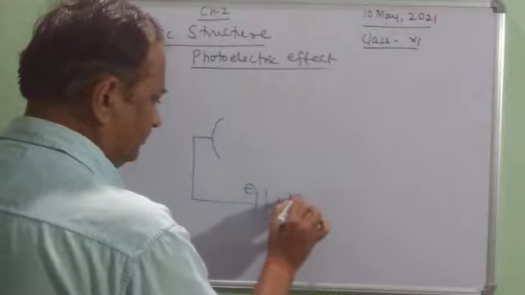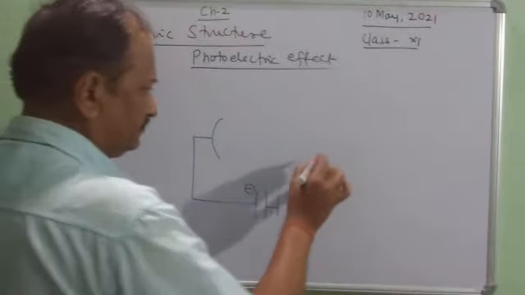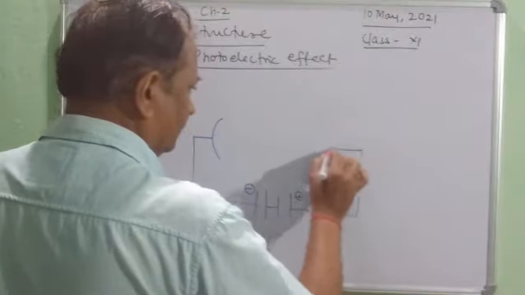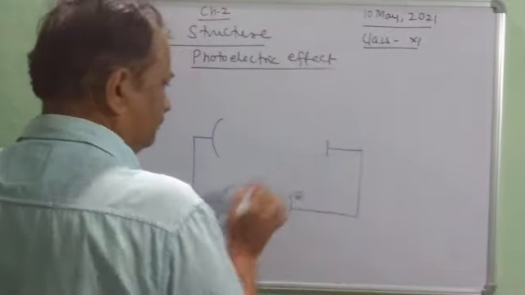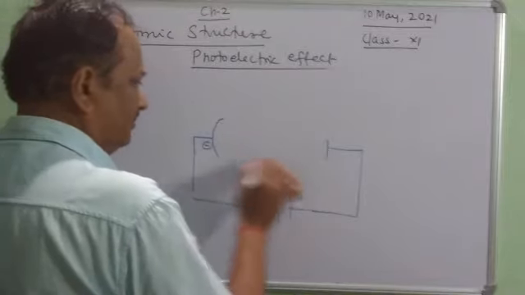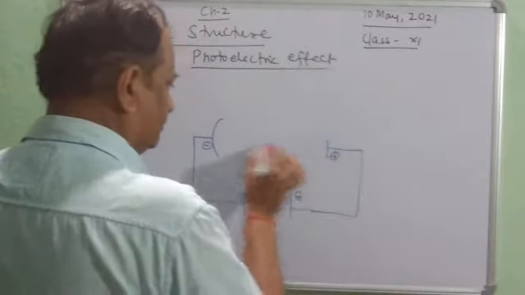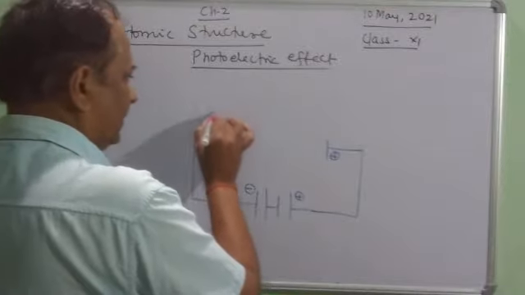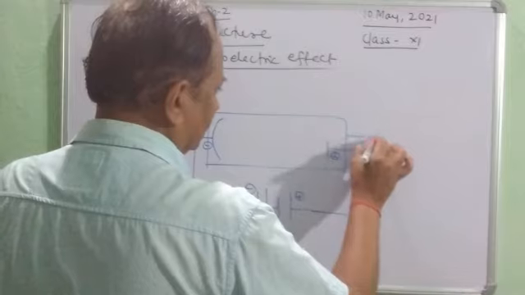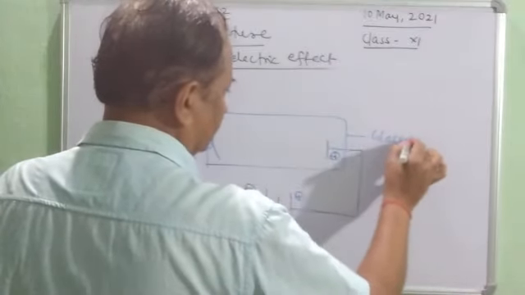This is negative, this is positive, and here there is one more. Let this be negative, this is positive, and it is enclosed in a glass chamber.